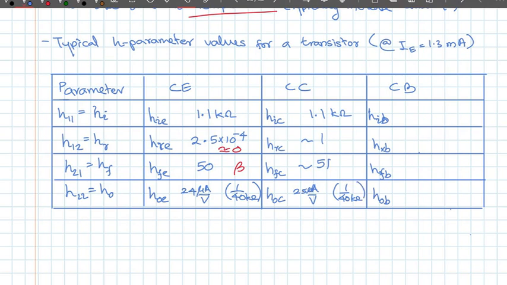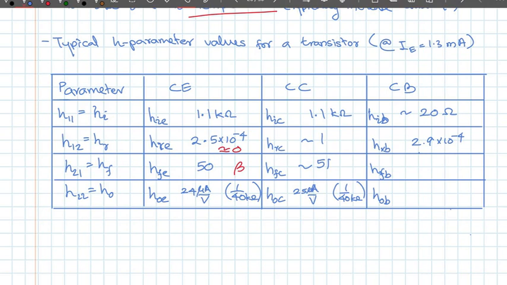And for the common base, the input impedance is much less. It's like 20 ohms, very small. The HRB is like 2.9 times 10 to the minus 4. Again, we can neglect it. In this common base, the current gain is the current buffer.